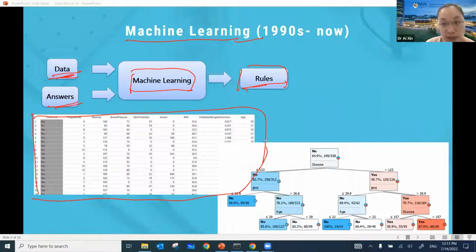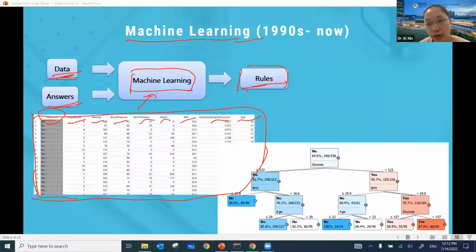Each row here is a patient, with certain features they think are used to diagnose whether this patient has diabetes or not, like glucose, blood pressure, age, and some other medical terms. They also give us an answer, or a label, which tells us whether this person has diabetes or not. We feed this data into the machine learning model.